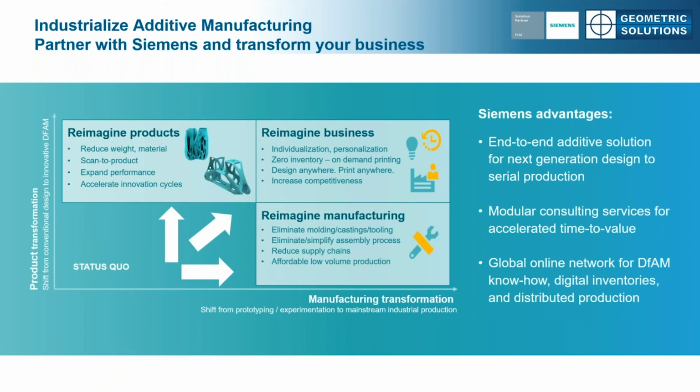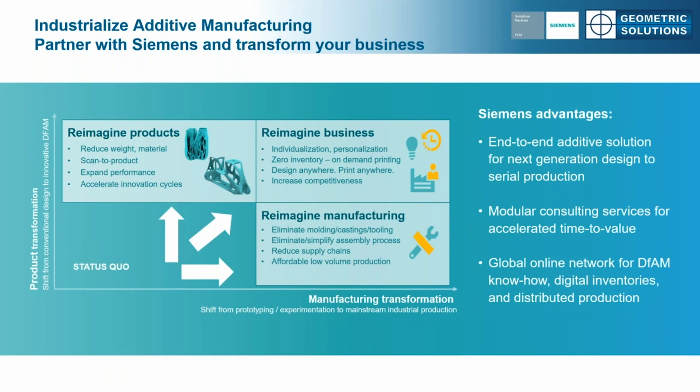Number 2, Siemens offers modular consulting services to accelerate time to value. And then lastly, Siemens has a global ecosystem for design for additive manufacturing know-how, digital inventories, and distributed production.